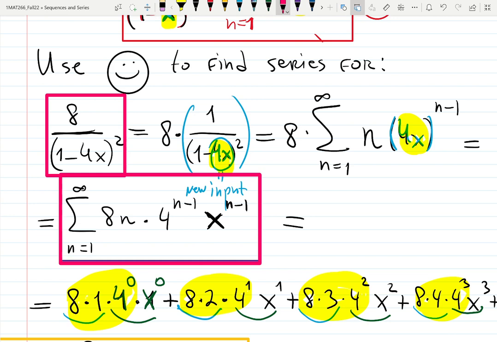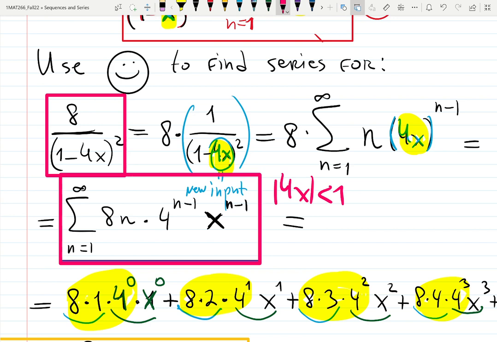The equal sign does not hold if I plug in x equals 10, x equals minus 100, or x equals pi, which is 3.14 and so on. So this equal sign only holds for the absolute value of 4x less than 1. That's where I'm allowed to use my inputs. Safe place, basically. Make sense?